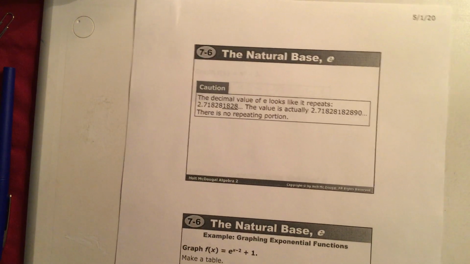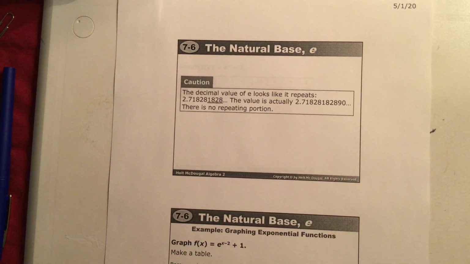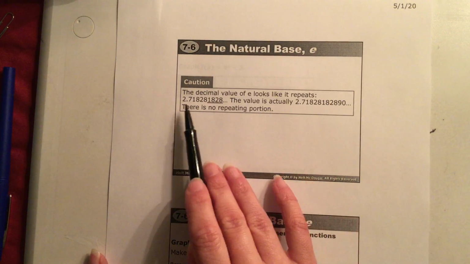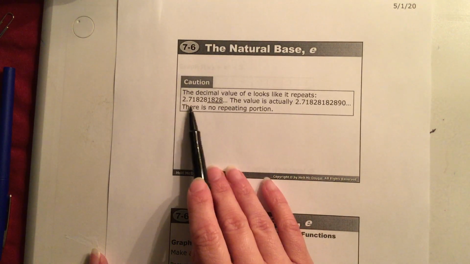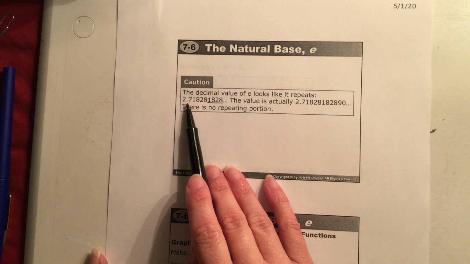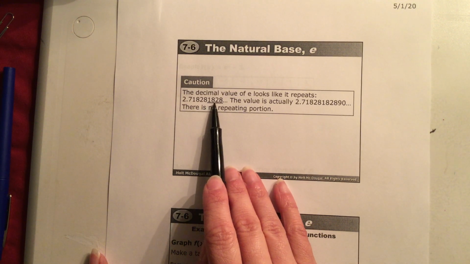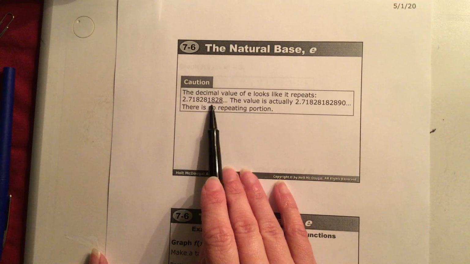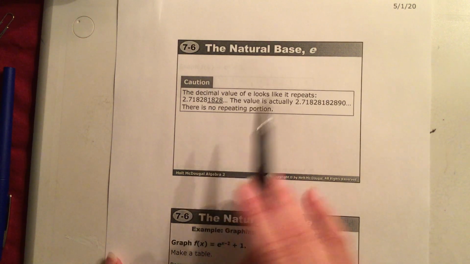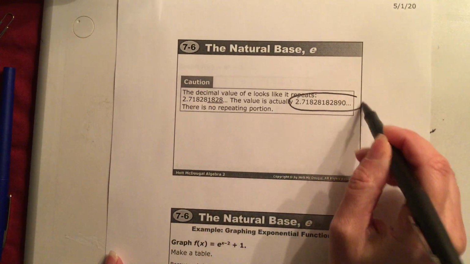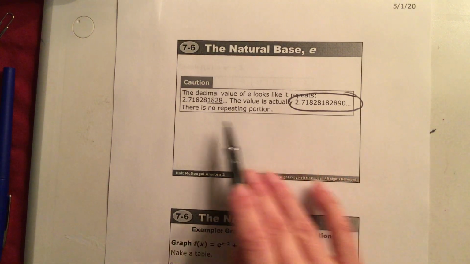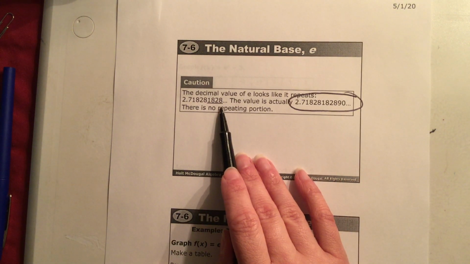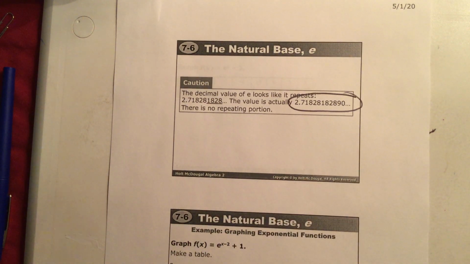So those are some properties of the natural base E. One common misconception: when you look at how they typically show you the value, 2.718281828, it looks like there is a repeating portion, but there is not. It is a true irrational number. What happens here is they round it off a little bit. So it is irrational. There is no pattern. There is no ending.